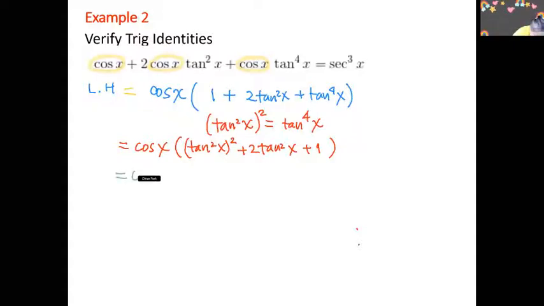So copy cosine x here. And now let's prepare 2 parentheses side by side. I will use the happy cat. The first term is tangent square of x, squared. So I have tangent square of x here, tangent square of x there.